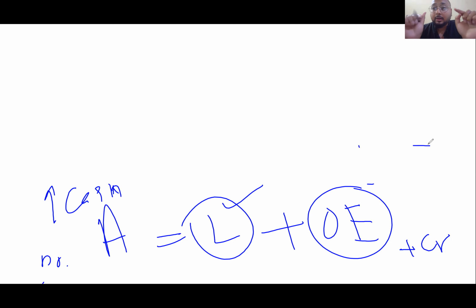Remember, like I told you, some students make a mistake and consider that debit means positive and credit means negative. No. Remember this one: debit and credit represent increase or decrease. It's not about plus and minus, right?